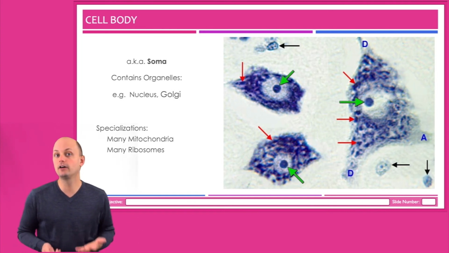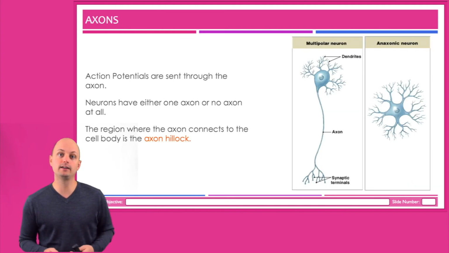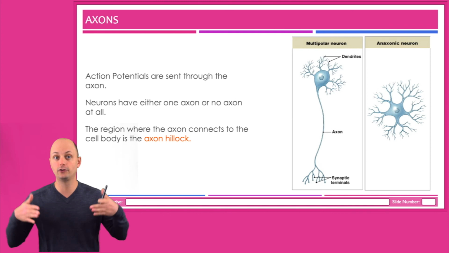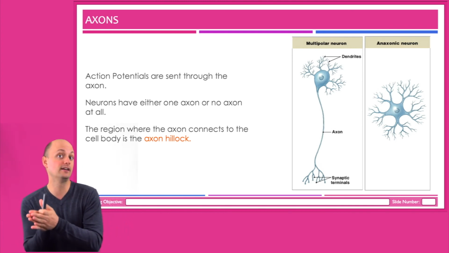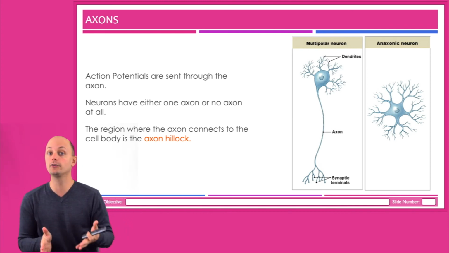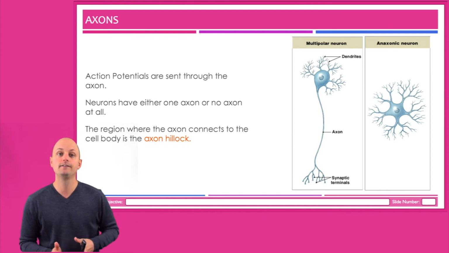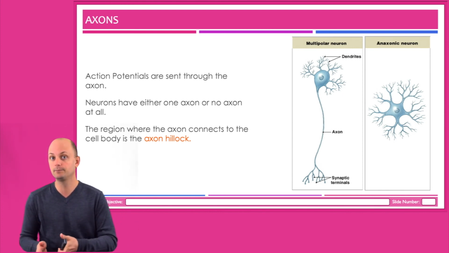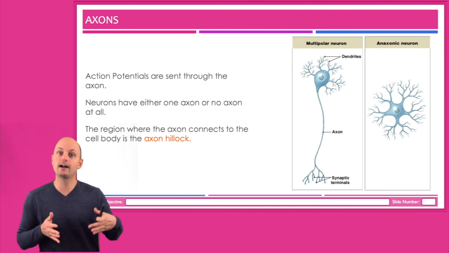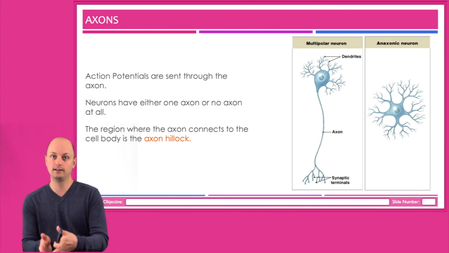Typically, the longest process that comes off of the cell body is known as the axon. You can see from this picture that the soma tapers to form an initial segment of the axon that's also known as the axon hillock. That region is going to be pretty important to us a little bit later in the unit. Eventually, the axon hillock becomes the axon itself.